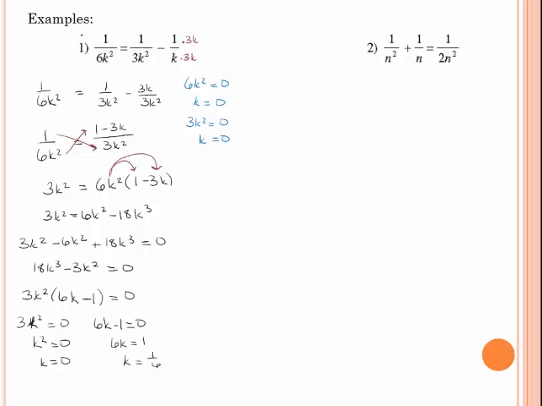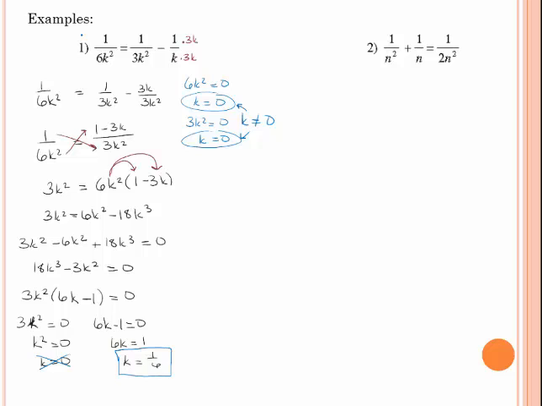Right here. That tells me k cannot equal 0. So that tells me that this is not a valid result. So my solution to this equation is k is equal to 1/6. Because if I plug in a 0, I get 0 in the denominators, and 0 in the denominators results in an undefined fraction.